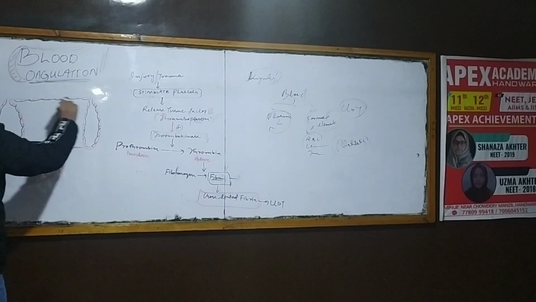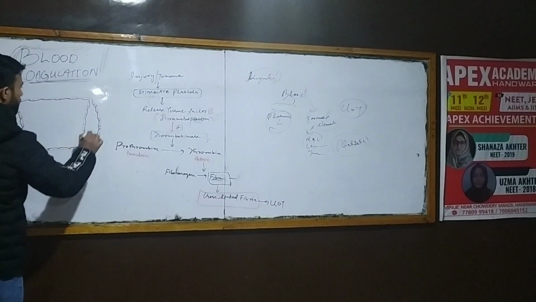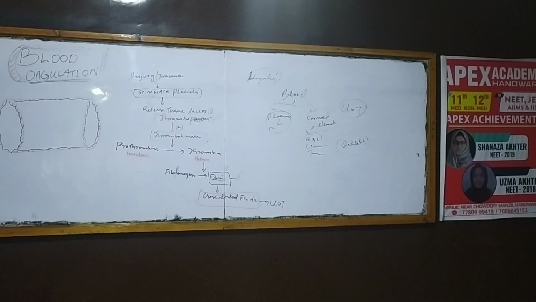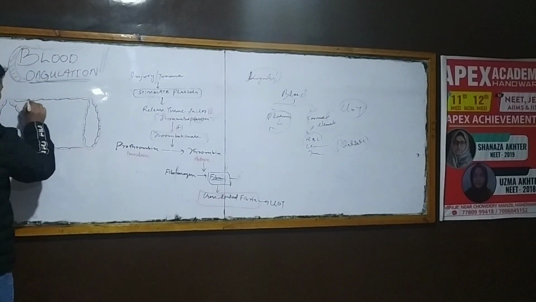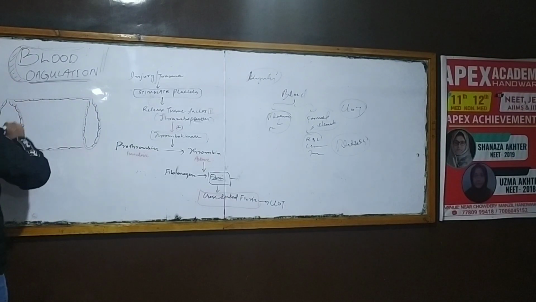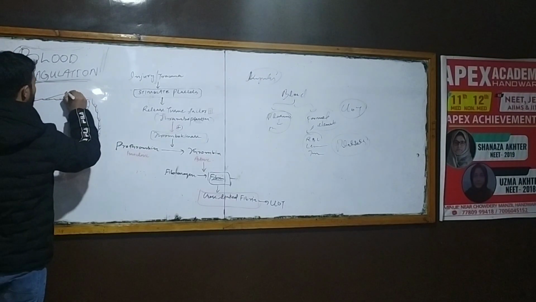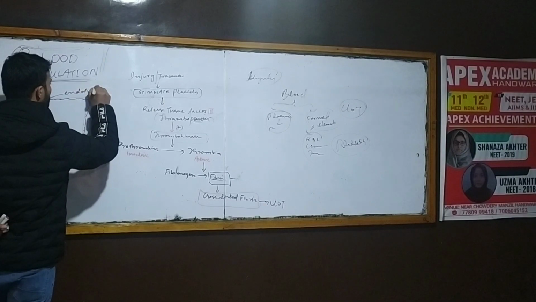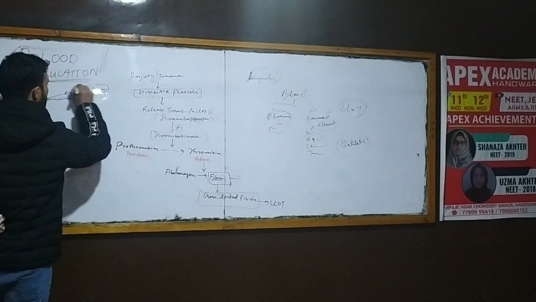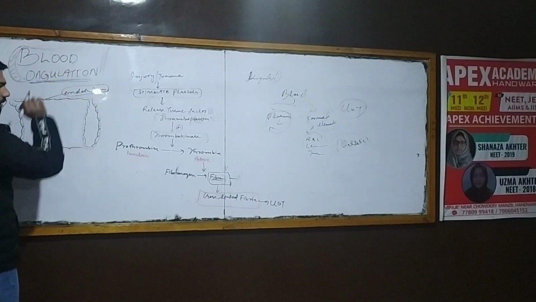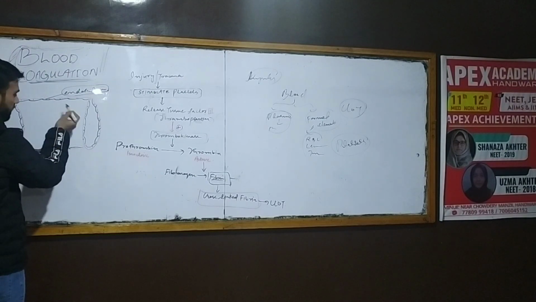See here, this is the structure, and this is the blood capillary. You see this epithelial-like structure, which is called endothelium. Our topic is blood coagulation, right? So this is the blood capillary.